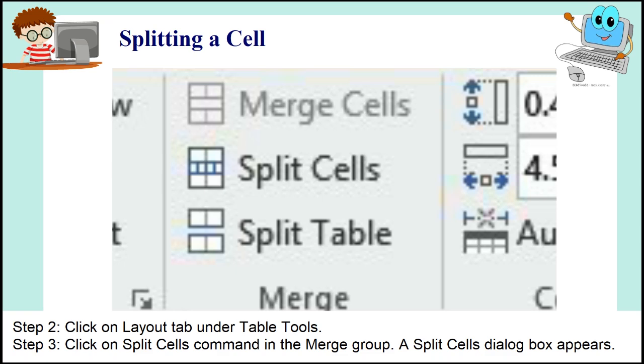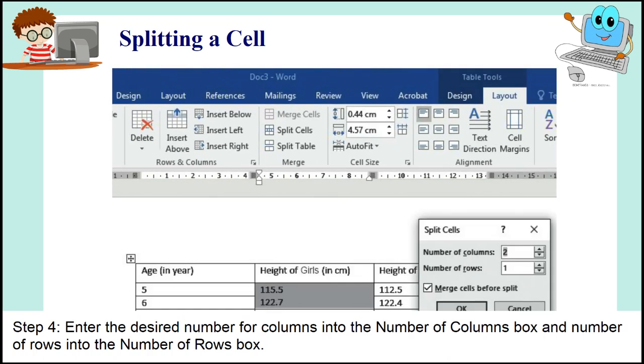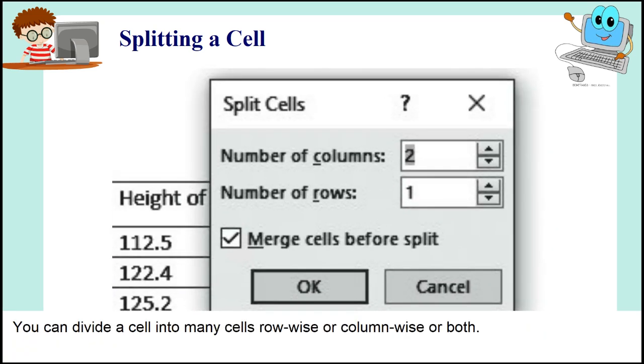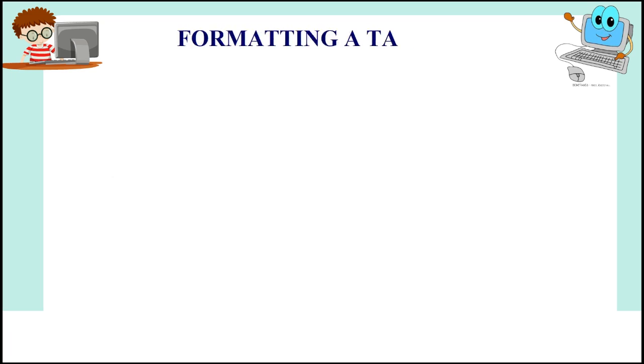A Split Cells dialog box appears. Step 4. Enter the desired number for columns into the number of columns box and number of rows into the number of rows box. Step 5. Click OK. You can divide a cell into many cells row-wise or column-wise or both.